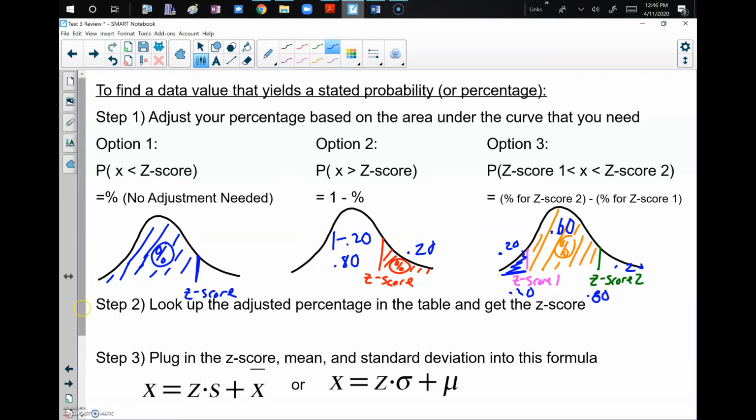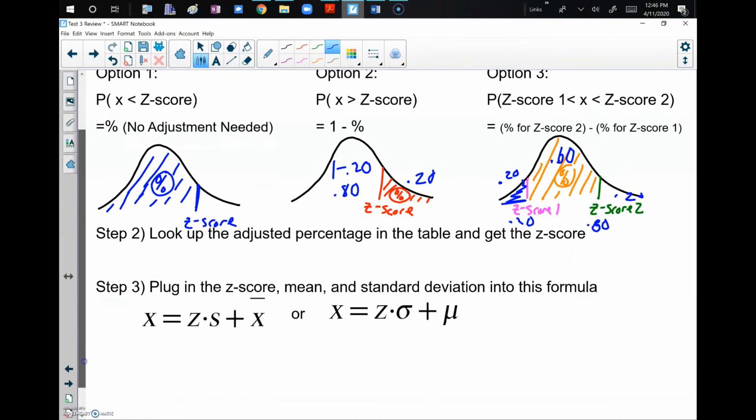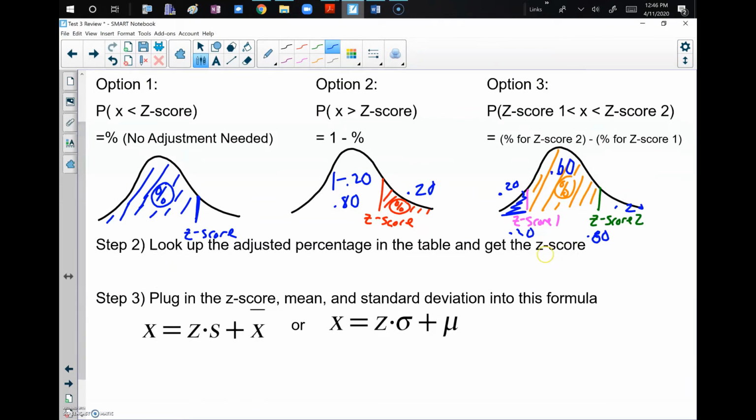So once we've determined which case and what the percentages that we need to look up in the z-score chart, we'll use our chart again. This time we're going to use it a little bit differently. We're going to be looking at the interior of the chart for the probability value, and then looking at the column and row to create our z-score, right?